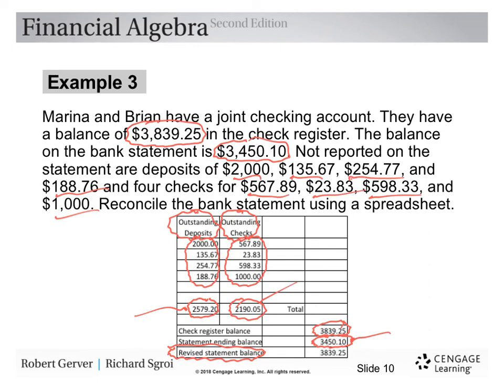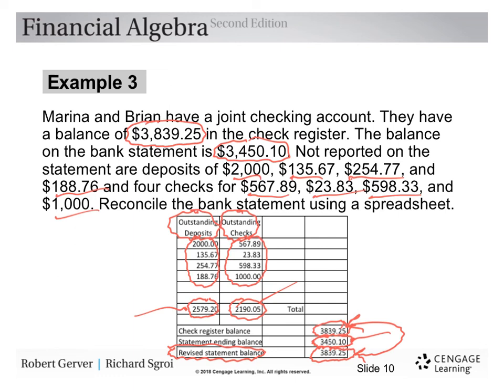And if I do that, I come out with $3,839.25, which is what was on the check register. So therefore, this account is reconciled.